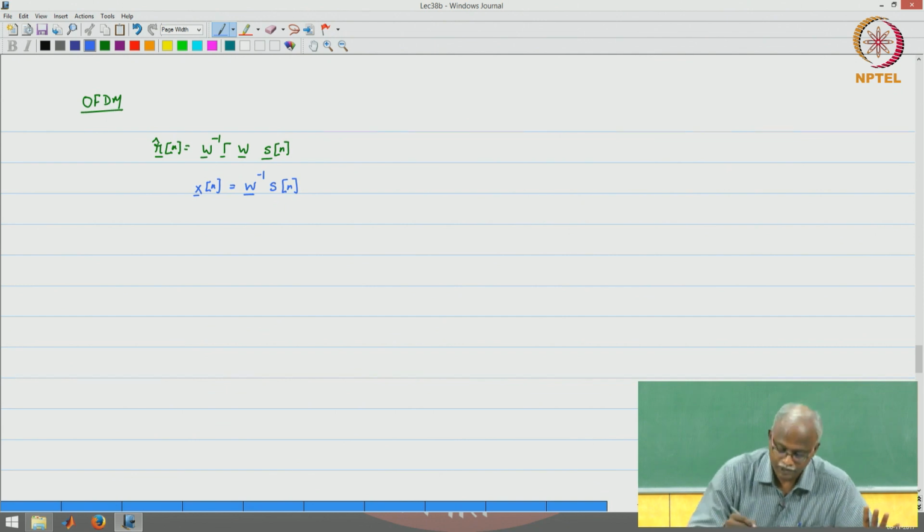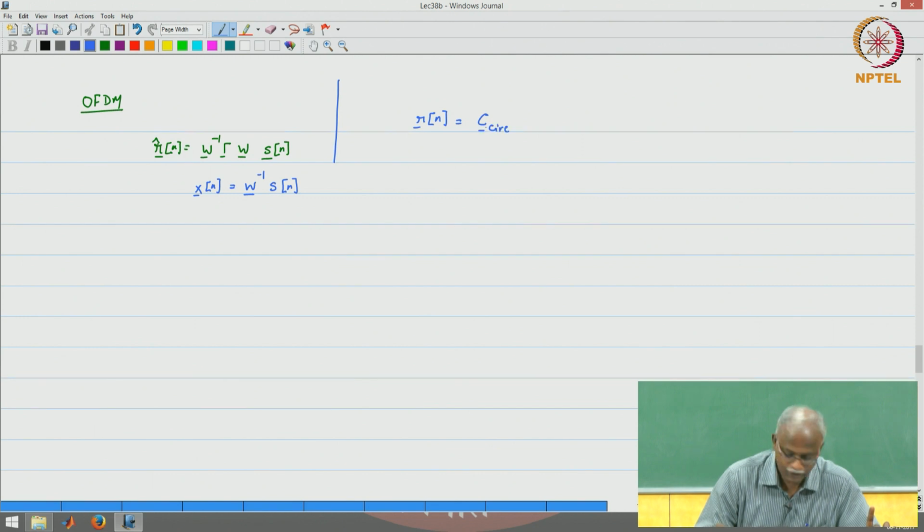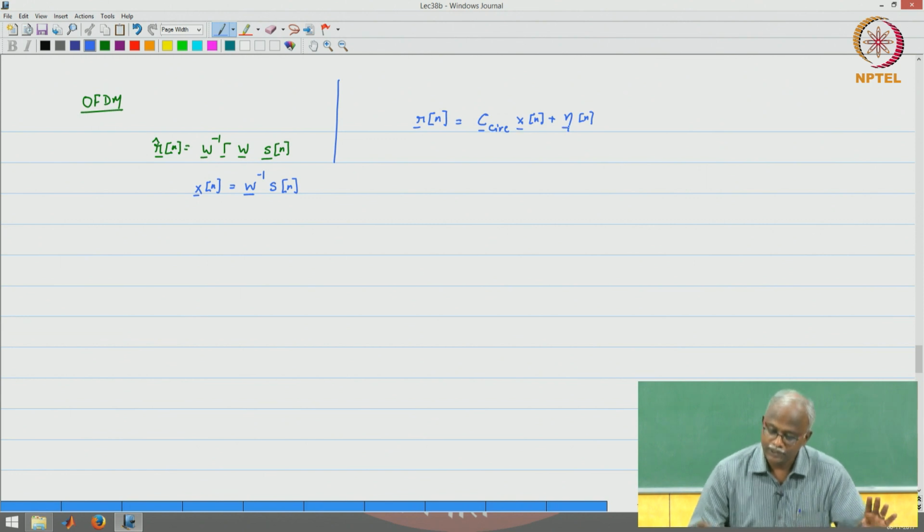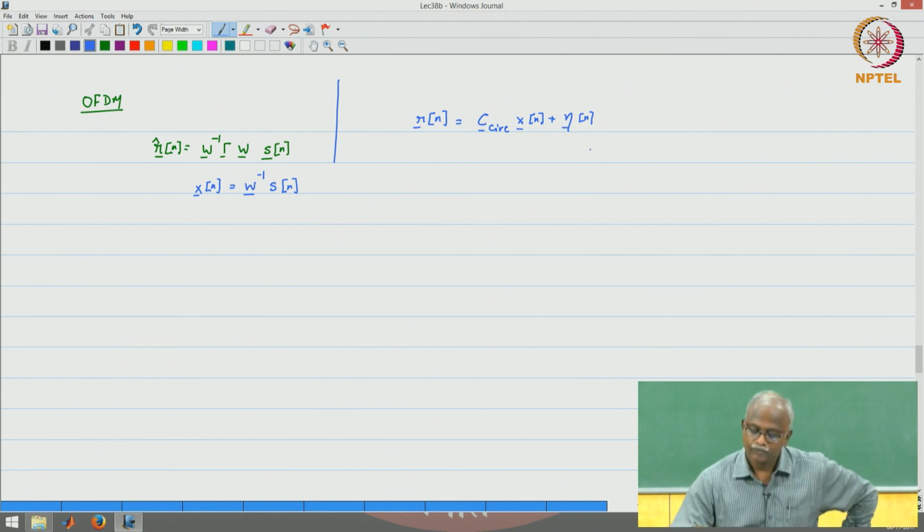Wait. Let me just write down the equation. This is after we do the cyclic prefix removal. Before removing the cyclic prefix, this is the equation: R of n is equal to C circulant times X of n plus eta of n. Eta of n is the noise term. Okay. So, is this correct? Or it should be C_UP.